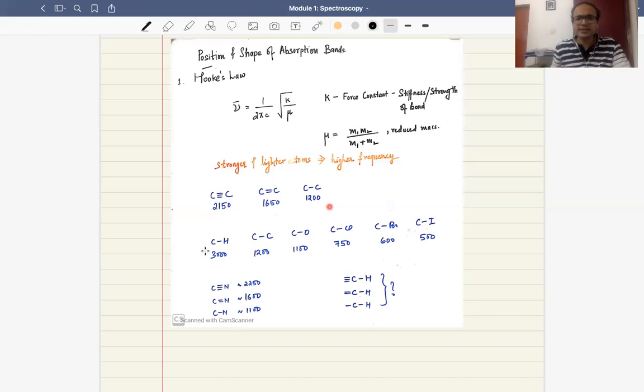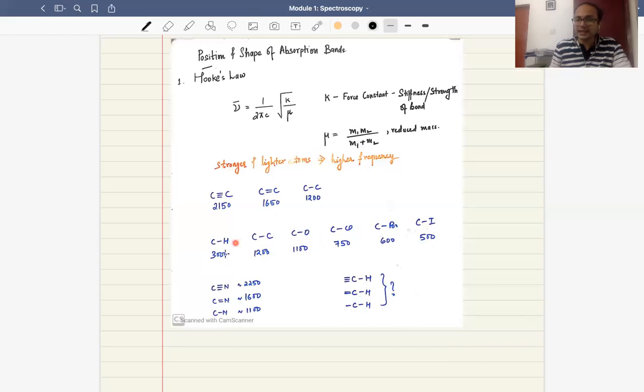Now let us consider these particular molecules. The CH bond, we have CC, CO, CCl, CBr. Here there is not much variation in the bond order; basically they are all single bonds. But still we have a huge variation in the values of the frequencies. That is now decided by the mu value.